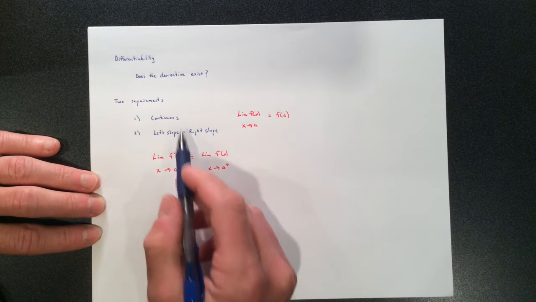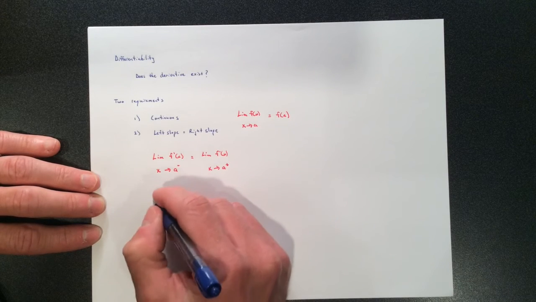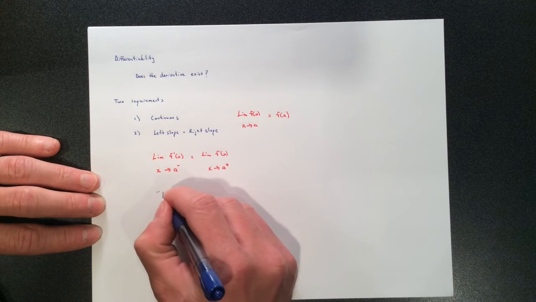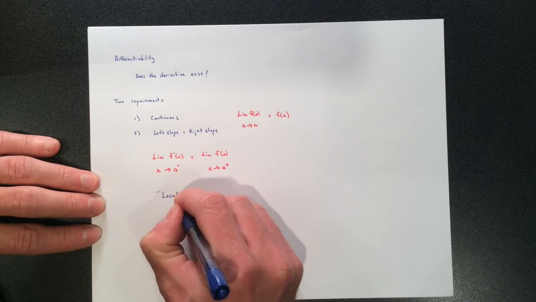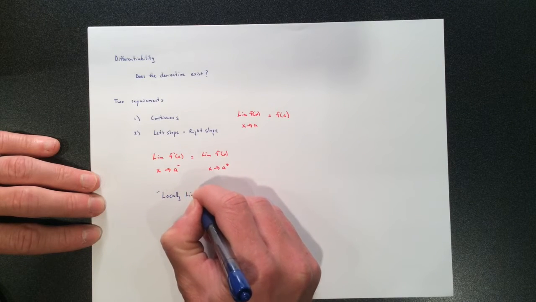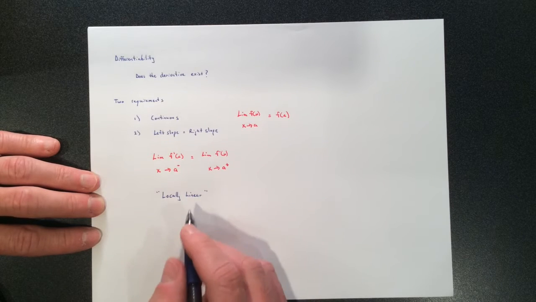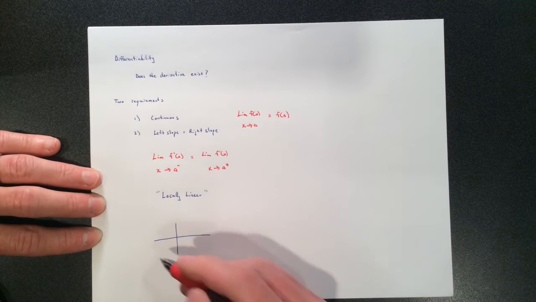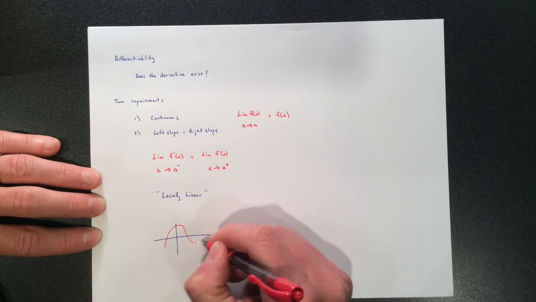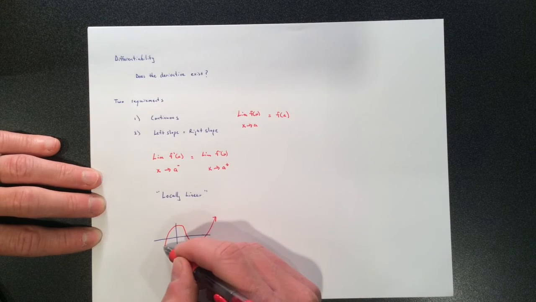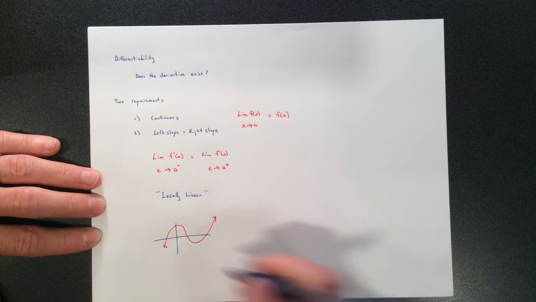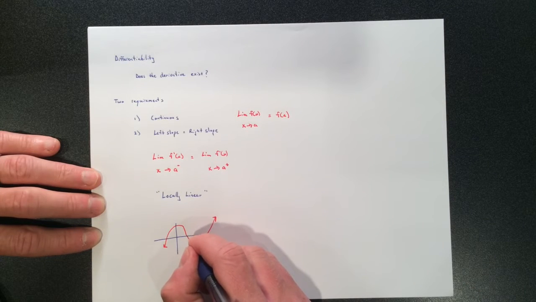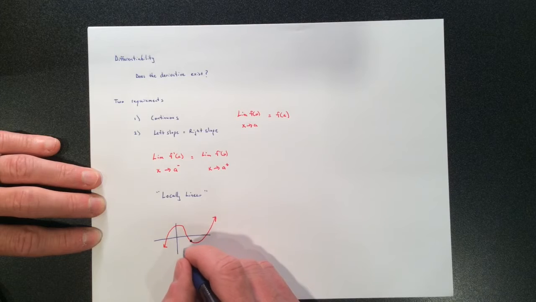If you put both of these things together, really what those mean, and I think this is the best way to say it, is locally linear. Okay, because if you're interested in a point and you zoom in, and it doesn't matter what it is, take any random function, and I'm interested in the derivative at this point right here, let's say, and I zoom in there, it's going to look linear.